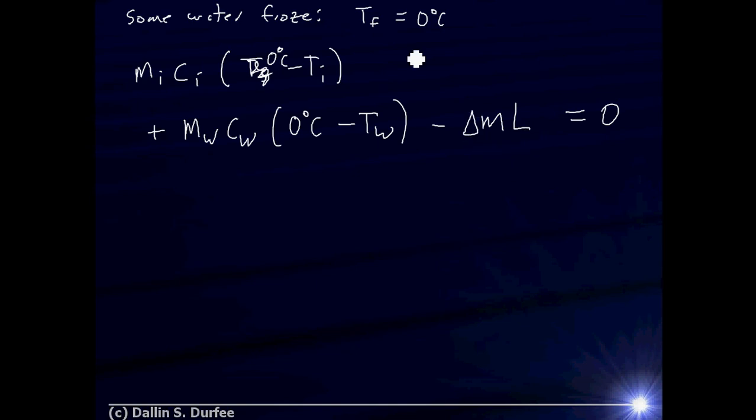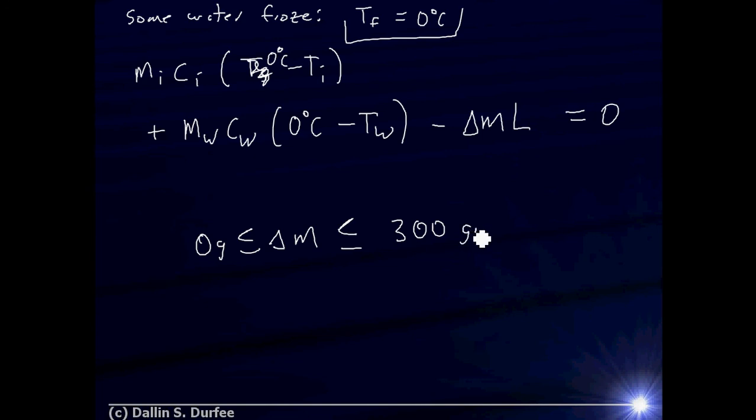Now, I'm assuming that the temperature is 0 degrees C because I have ice and water in equilibrium. I solve this for delta M. If the amount of water that I freeze is somewhere between 0 grams and the amount of water that I started with, which in this case was 300 grams, then I probably chose the right approach, and I've got my answer.